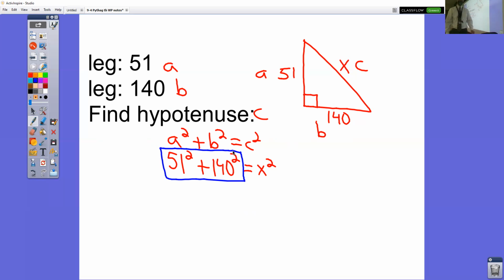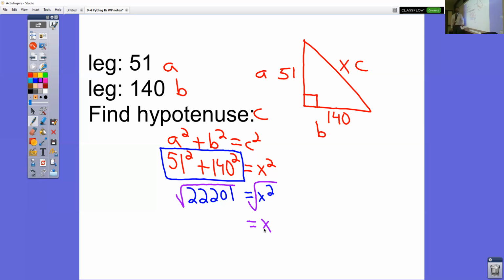When we do 51 squared plus 140 squared, we get 22,201 equals x squared. Now, we don't want x squared. We want to know what x is. The very last step in every single question is to take the square root, because we want to know what x is, not what x squared is.